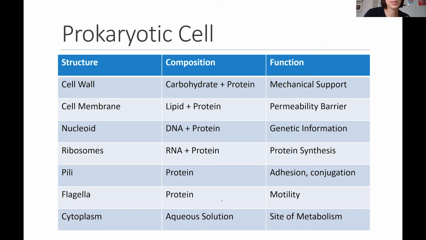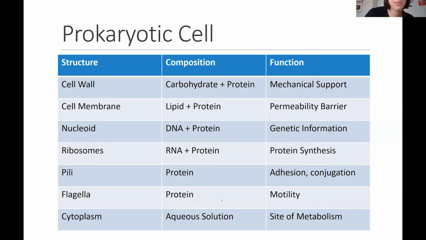We know, of course, the cell wall, which gives mechanical support around the outside of the cell. This is made of carbohydrates or sugars and protein. And the combination and type of carbohydrate and protein is very important for bacteria cells.